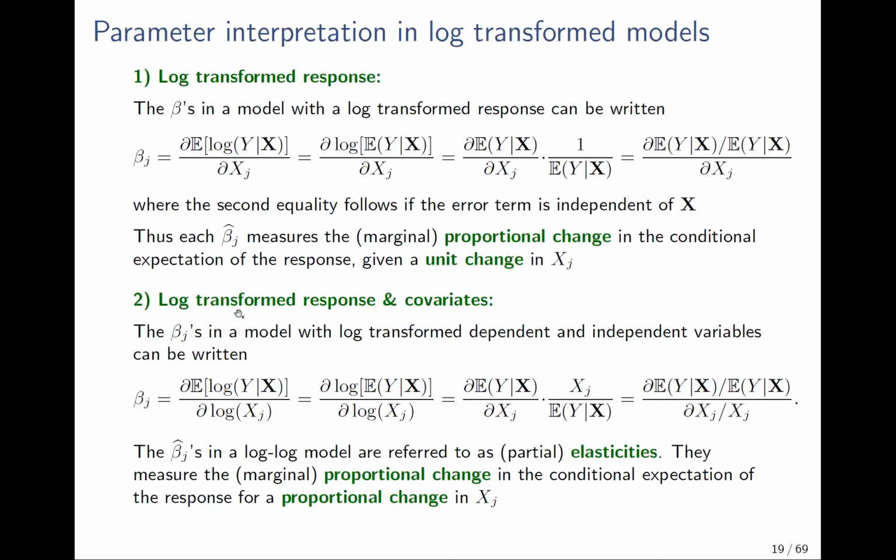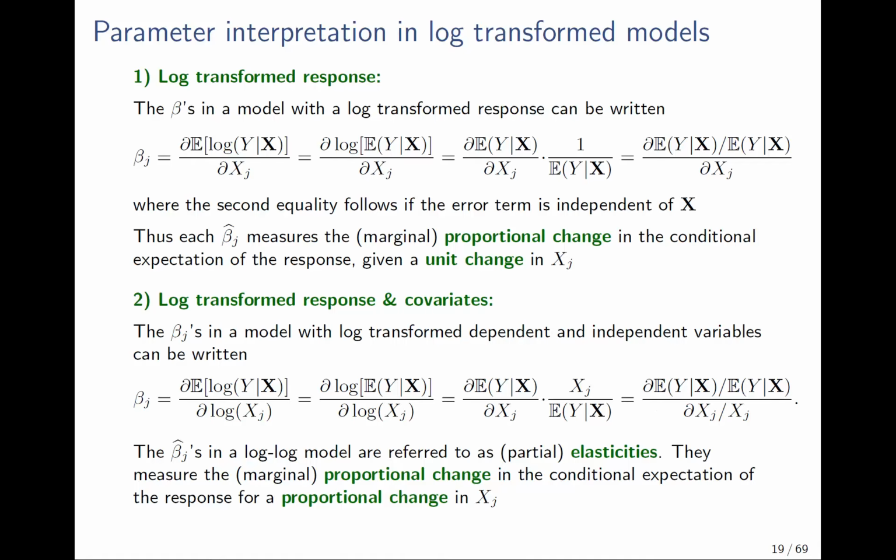Second, let's look at a model in which we have logged both the response and the covariates, so a log-log model. The beta j's can now be written as the derivative of the log of the expected y with respect to log xj. And working through this gives us this expression here, the proportional change in the expected response divided by the proportional change in xj.